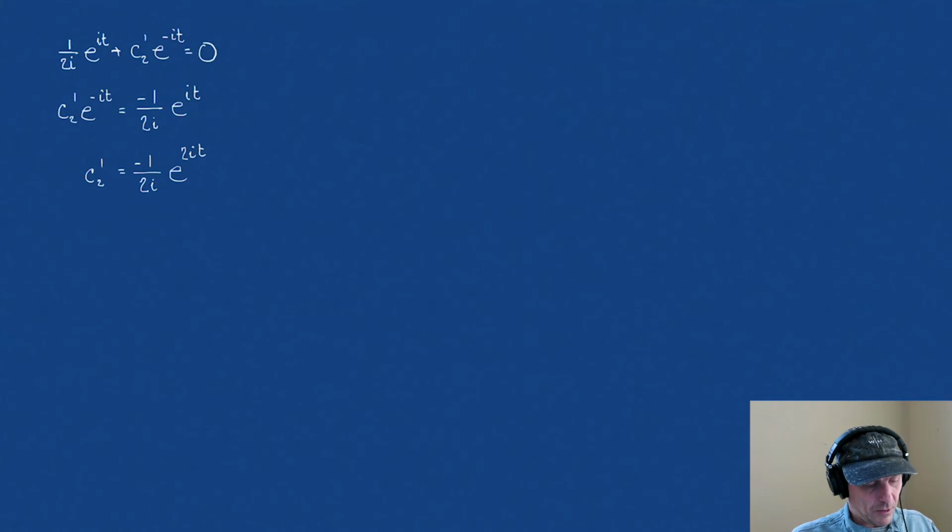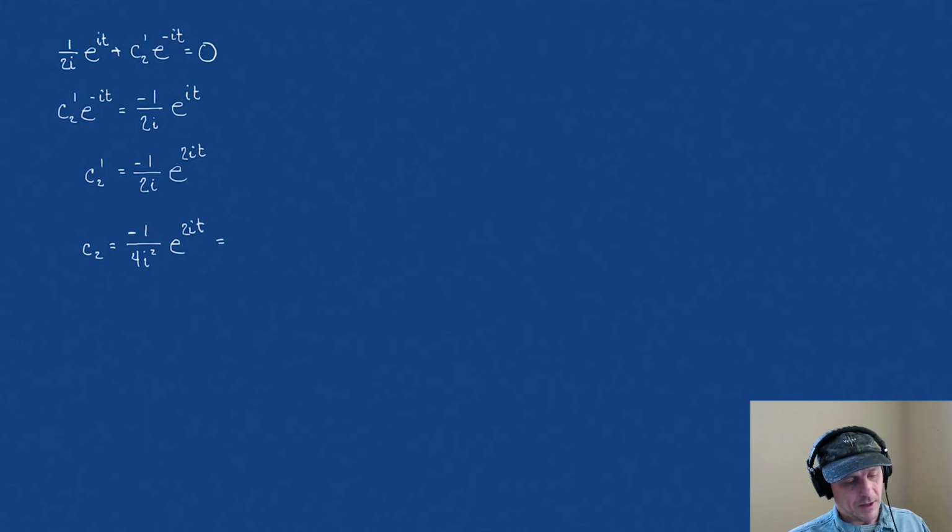Take the integral of both sides, and I'd have c2 is equal to, well, this is going to become minus 1 over, and then I'm going to pick up a 4i squared e to the 2it, and we could probably clean that up a bit because i squared is negative 1, so this is 1/4 e to the 2it.